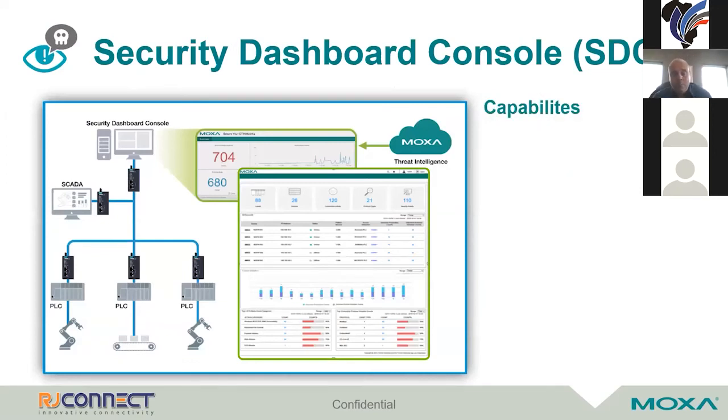Probably the most important part of our discussion is our secure dashboard console. This is the software that runs and monitors the entire network for cybersecurity risks. It's also the software that does the virtual patching. It goes and gets the patches on a continuous basis, sees it updated, and then installs the patches automatically to all your devices for you.